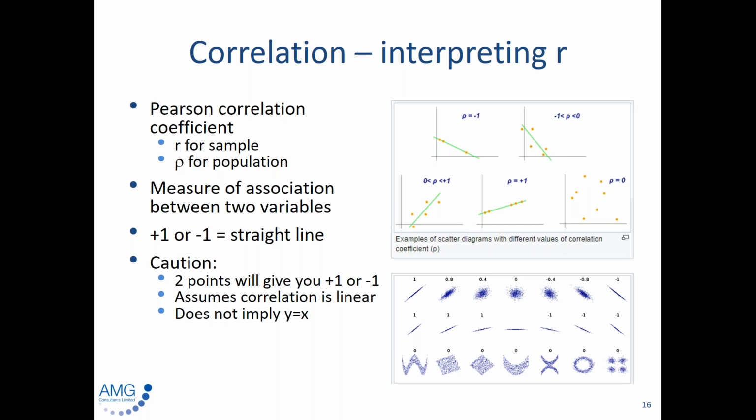You can see on the very bottom that somebody has graphed up some pretty patterns, which are clearly not a random relationship for the most part between variables, but for which you still get a correlation coefficient of 0. And also it doesn't imply that y equals x. You can see in the middle set here that the slopes vary enormously, but they can still be exactly 1 or -1 in terms of the correlation coefficient.